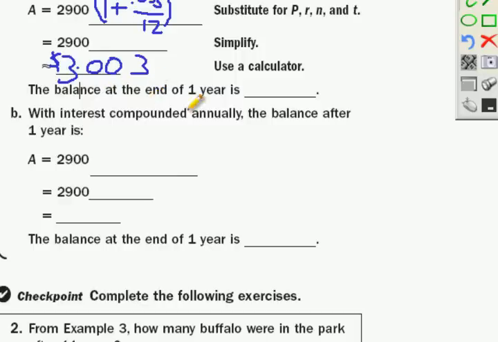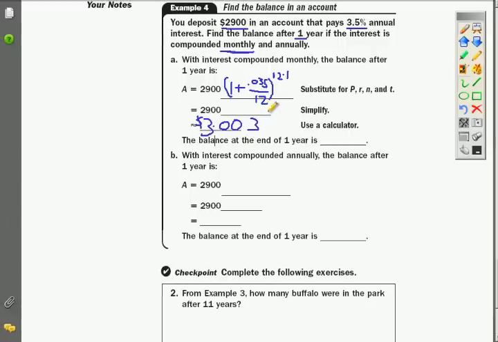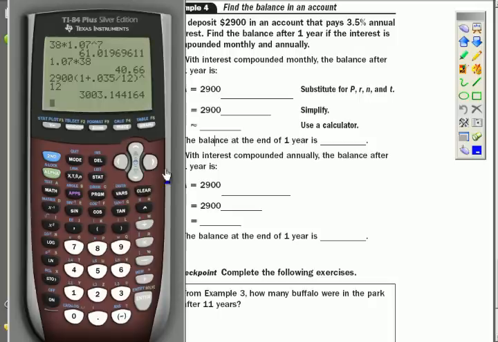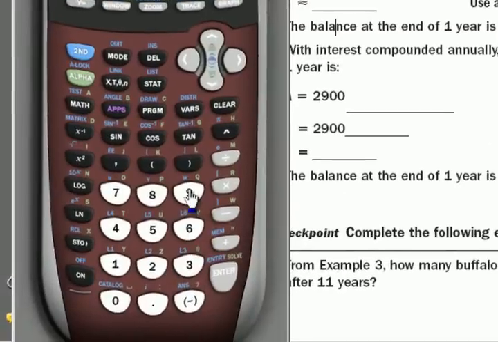With the interest compounded annually, the balance after 1 year is what? So if you didn't get it compounded every month like we did, you got it compounded annually, what do you have? Well, if I just took my $2,900 and I didn't compound it at all, then I'm just looking at 1 plus 0.035 to the first power, which is what it is.